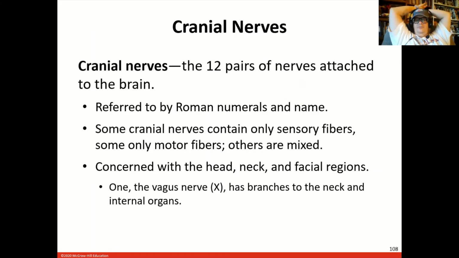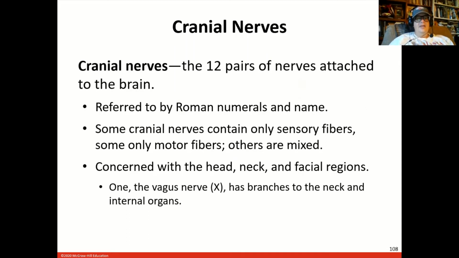They can be referred to by Roman numeral or name. The mnemonic device that I was taught to remember the names was: On Old Olympus's Towering Top, A Finn and German Viewed Some Hops. But don't worry about it because you're not having to do the names. You're going to do them by number.